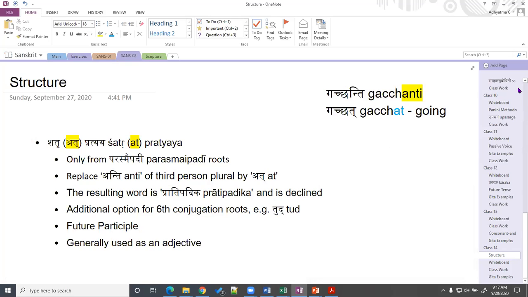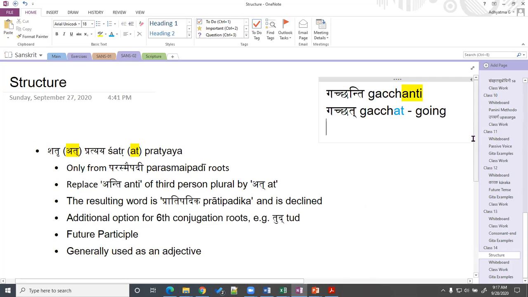But for tudat, tud, it can be either. So gachat, the feminine form becomes gachanti.